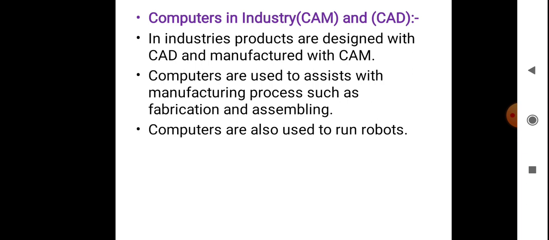Computers are also used to assist with the manufacturing process, such as fabrication and assembling.